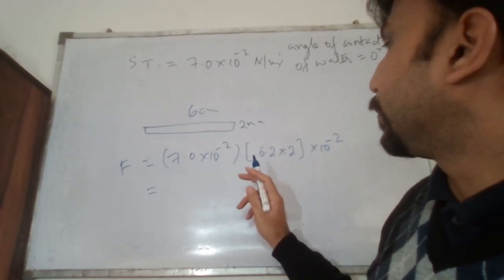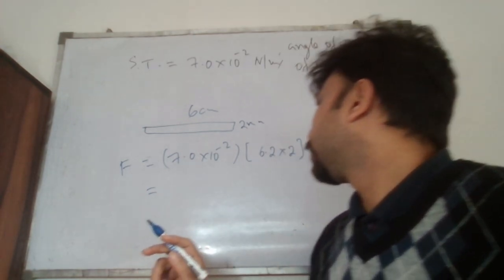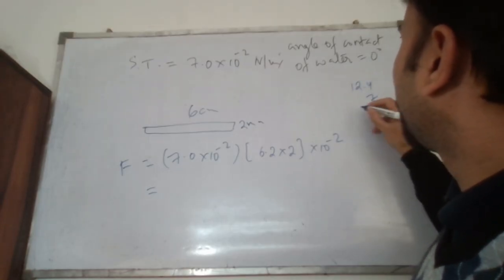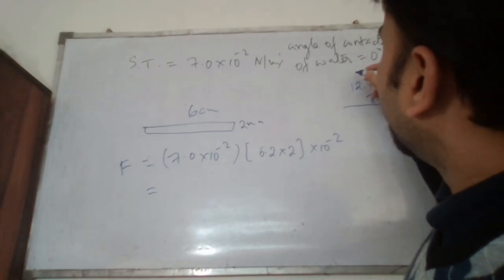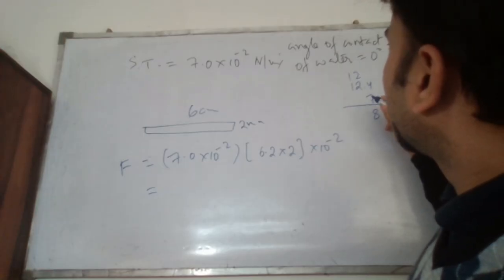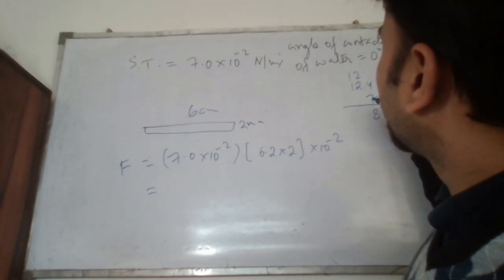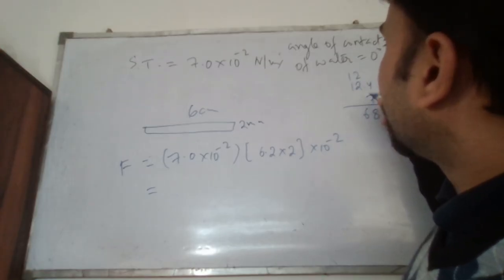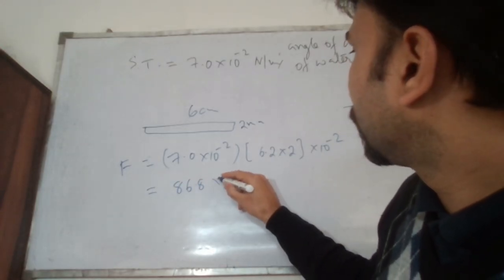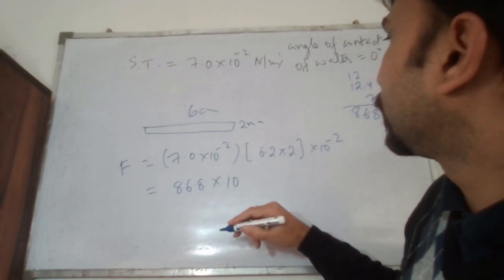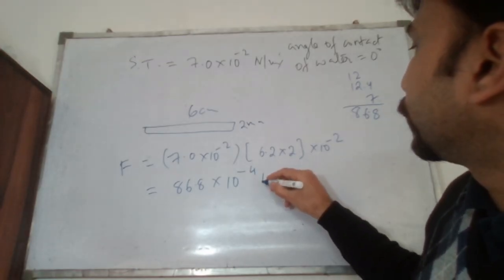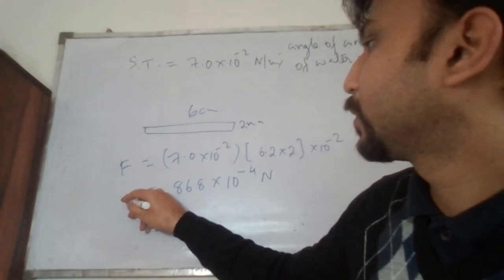This value will be 12.4 into 7. 7 4s are 28, 7 1s are 7 plus 2 is 9, so that is 86.8 into 10 to the power minus 4 Newton force.